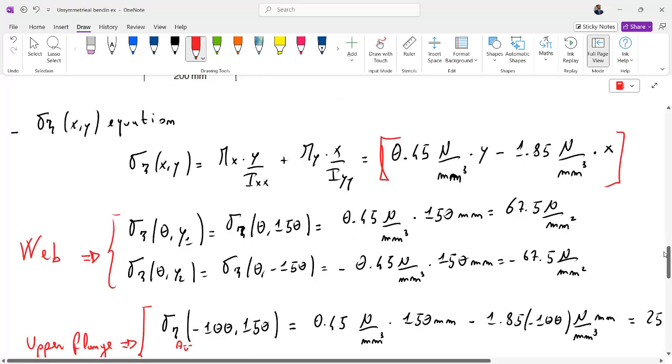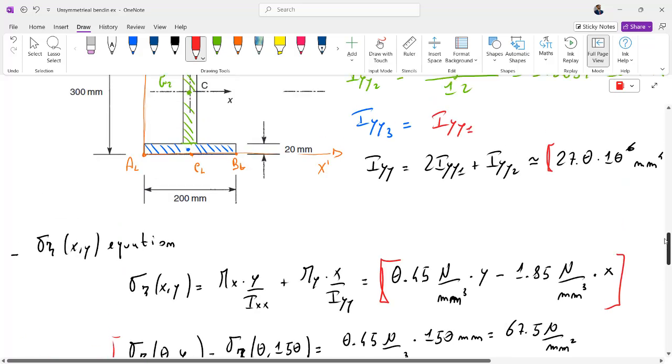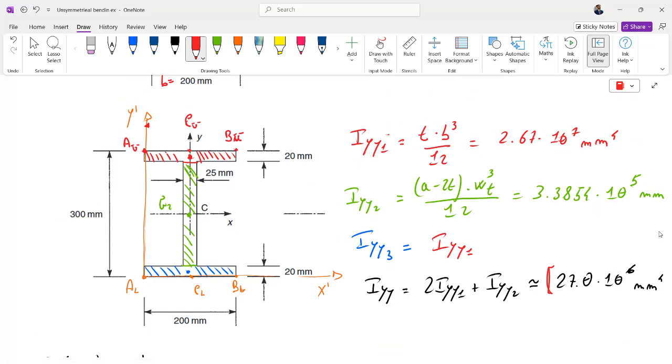For instance, we have here the determination of the bending stress along the web. For Italian users, the web is this quantity here, colored in green.